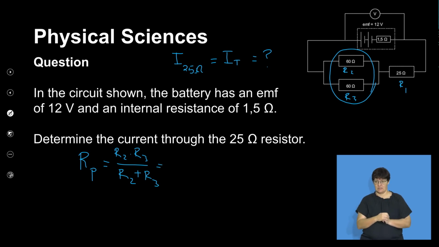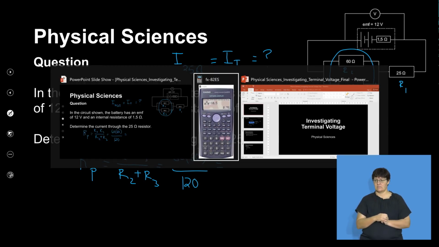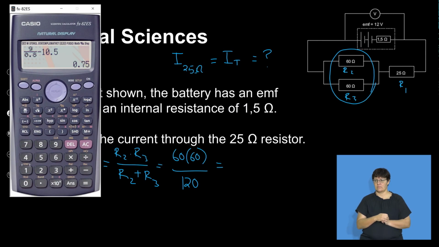The product is 60 by 60, divided by the sum, which is 120. These are identical resistors, because they have the same resistance, so that gives us 30.